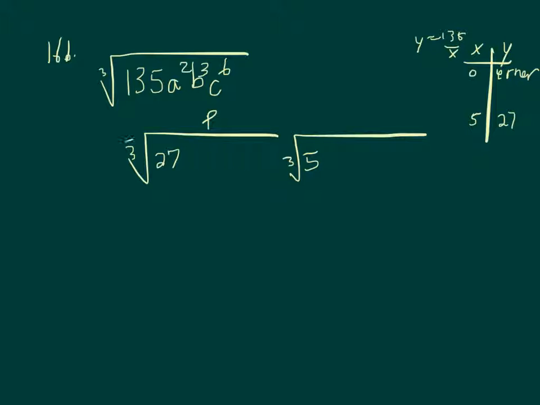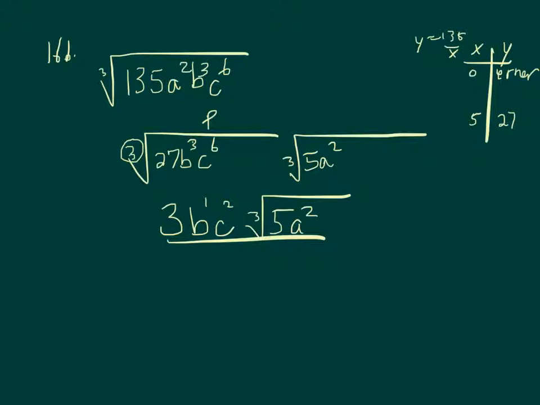Now we're looking for multiples of 3 to be perfect. Well, a squared doesn't even get to the 3, so that's not. B cubed, 3 is a multiple of 3, and 6 is a multiple of 3. So cube root of 27 is 3. You divide the 3 by the 3 and get b to the 1st, or just b, and this would be c to the 6th divided by 3, or squared. Don't forget your cube root. We have 3b c squared cube root of 5a squared. All right.